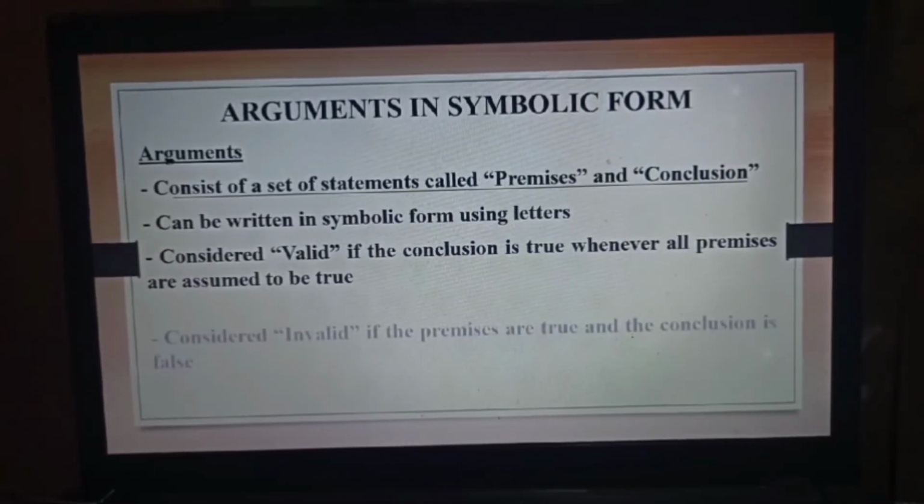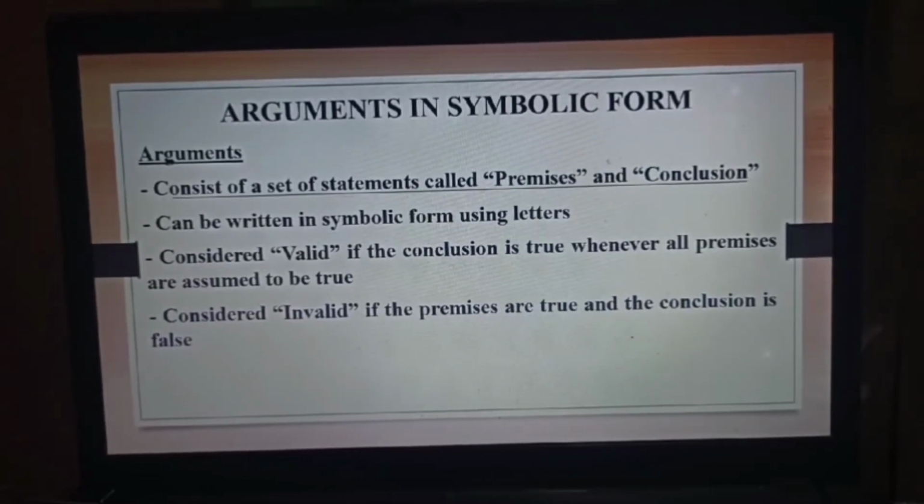And number 4, considered invalid if the premises are true and the conclusion is false. So yung number 4 natin, if the given premises are true and the conclusion is false, the statement will be considered an invalid statement. Actually, in arguments, nagbe-base yung validity ng isang argument statement sa premises.